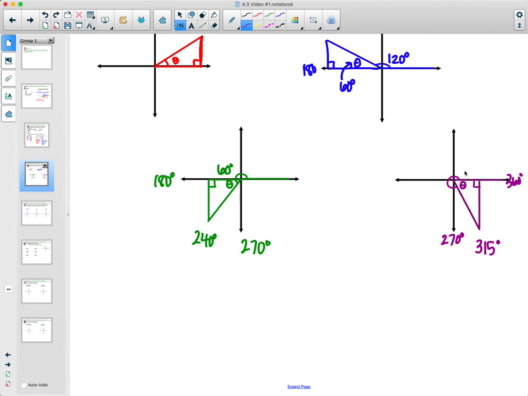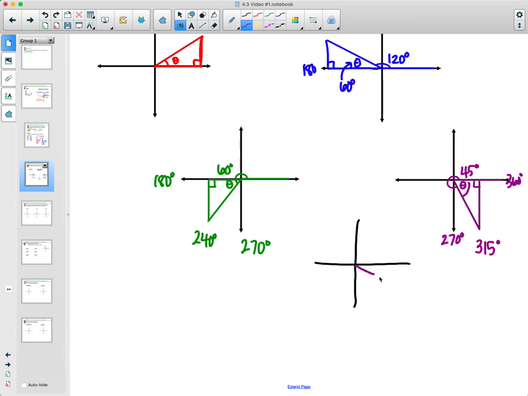So 270 to 315 is 45 degrees. So this angle right here is 45, whoops, sorry, that's wrong. I mean, that's right, but that's the wrong way to think about it because you want to do 360 to 315. It just happens to be the same in this case. So 360 minus 315. Let me show you because I said that wrong. If that wasn't a 45-degree angle, it would have been different.